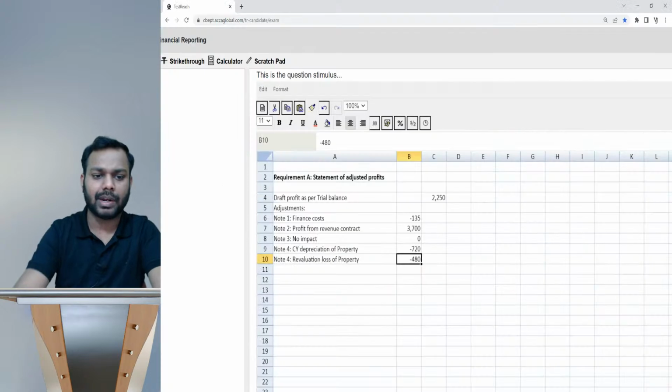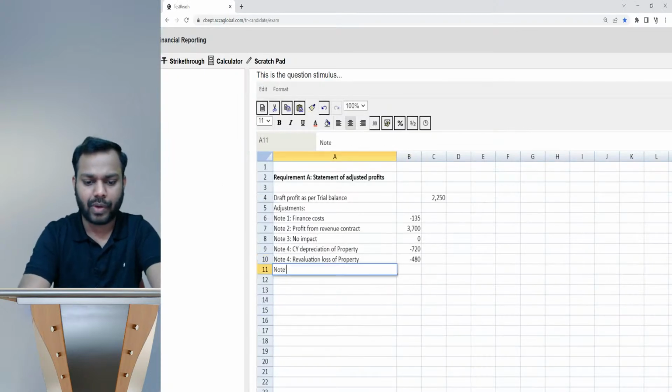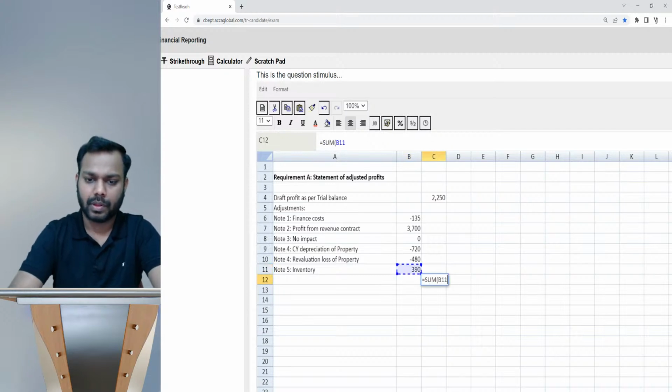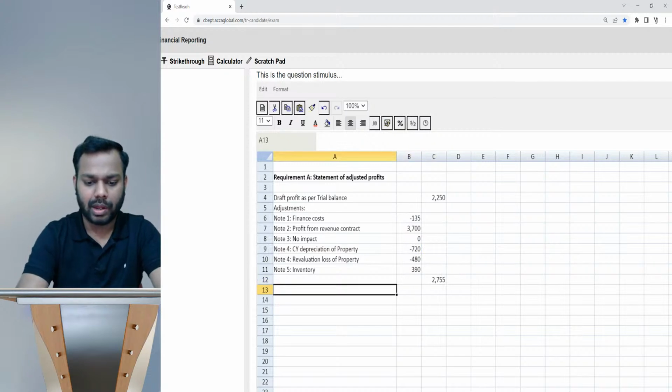So what is the impact in P&L? Let's write here note 5, inventory, plus 390. So that's the total adjustment, right? So let's add it. Finally, we can say adjusted profit.